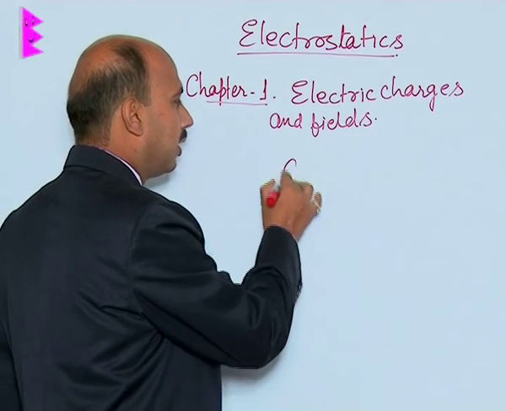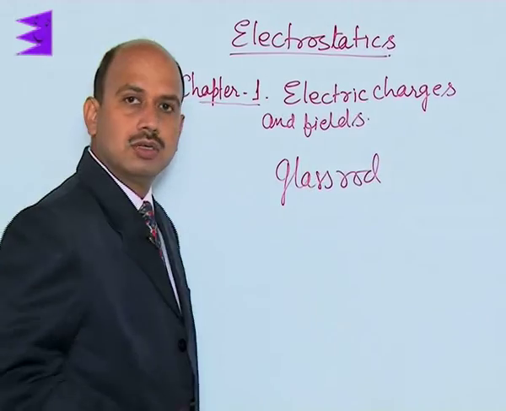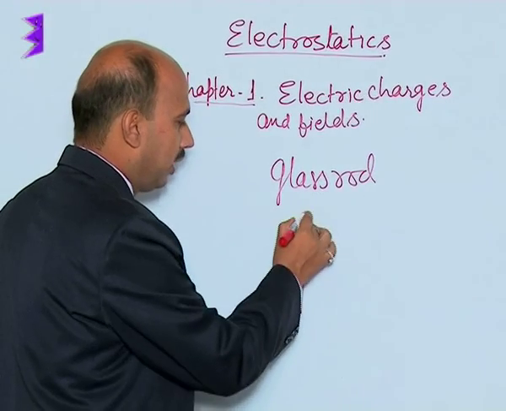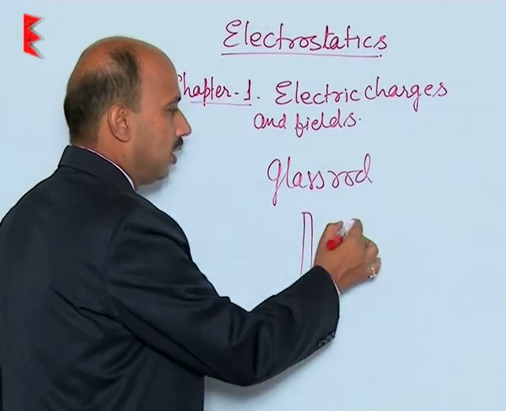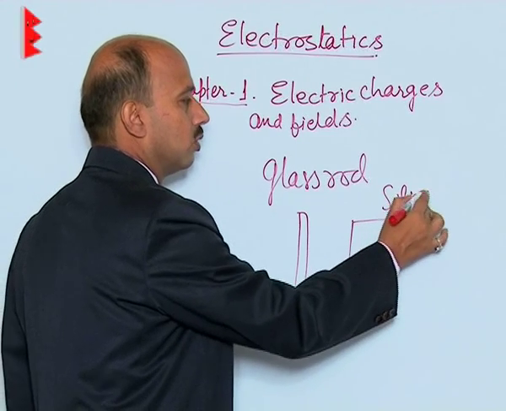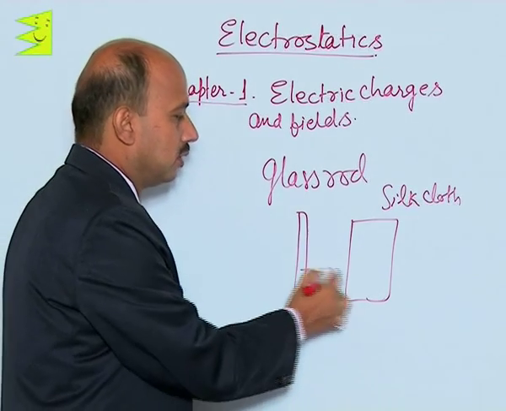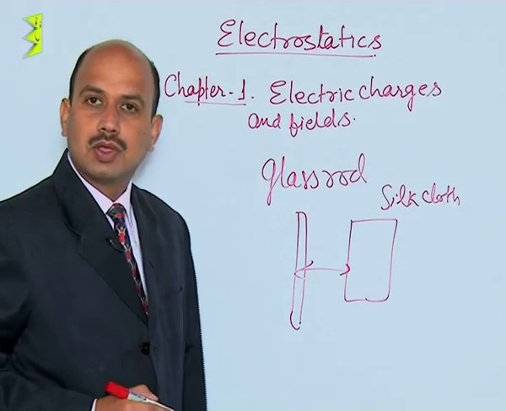Suppose you have taken a glass rod, and this glass rod is rubbed with a silk cloth. When these two are rubbed with each other, what happens?